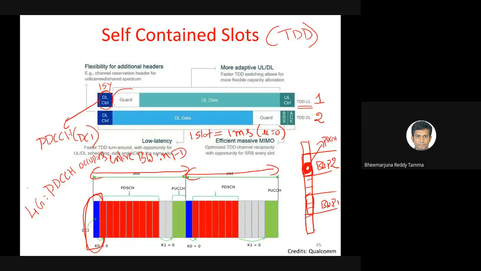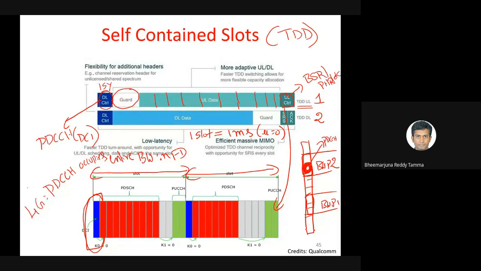Then there is a certain guard period for your handset to switch from the reception mode to the transmission mode. Then the handset can start using these symbols to transmit the data, and it also can send any control messages, like buffer status reports, the power headroom, and etc. It can send them using the control messages. This is nothing but your PUCCH, physical uplink control channel. This is in the case of uplink heavy slot.